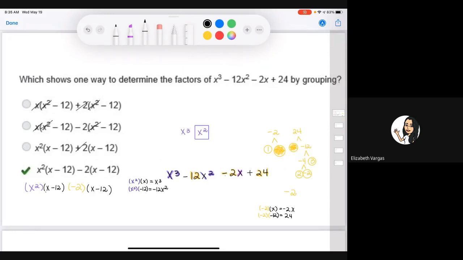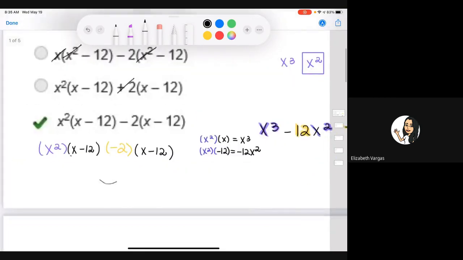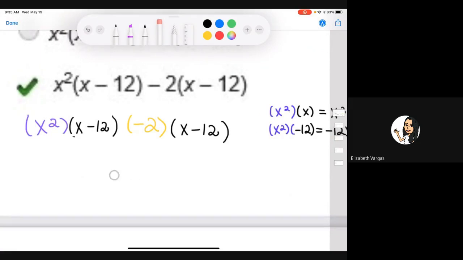Okay, so for the purpose of this problem, you are going ahead and you're completing each of the steps. However, you're not going to complete the last step. The last step that we normally would complete is just putting together like terms. So this one's the same, this one's the same. So that would be x minus 12. And then those two aren't the same, so they would just become like that. And that would be my last step for factoring this polynomial.